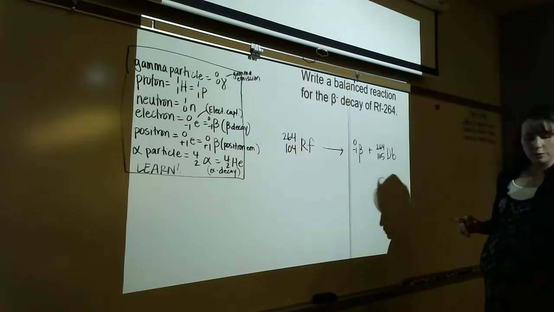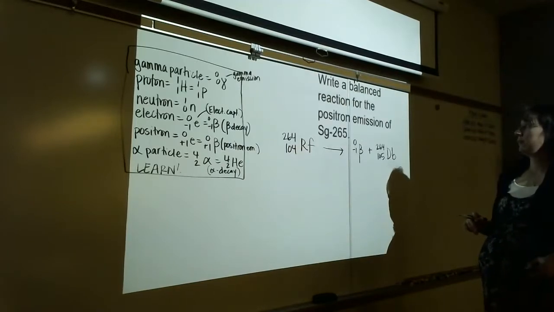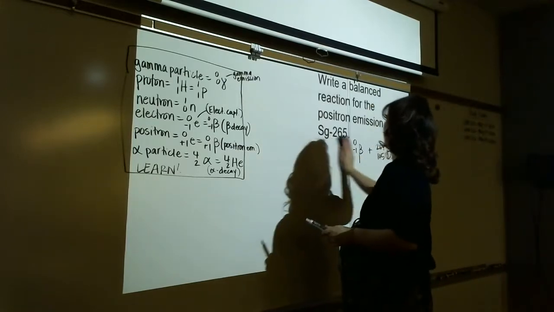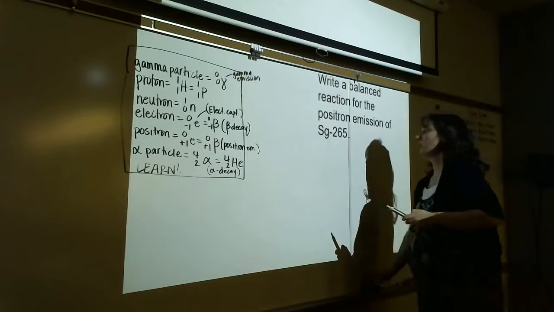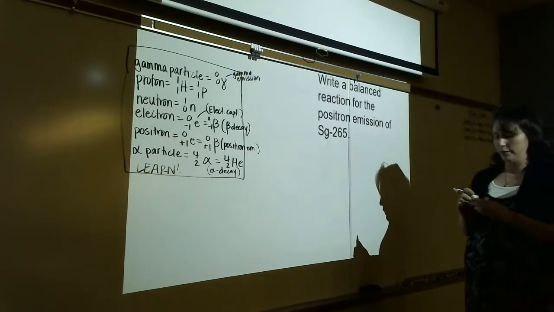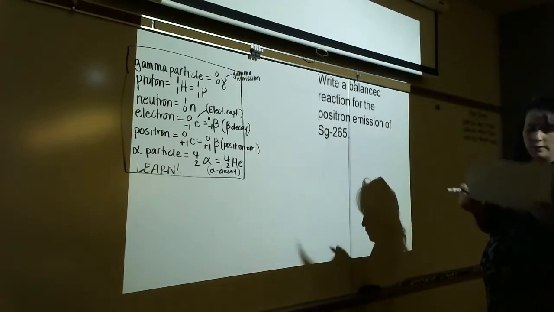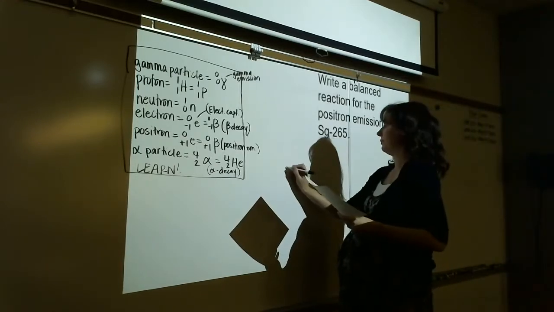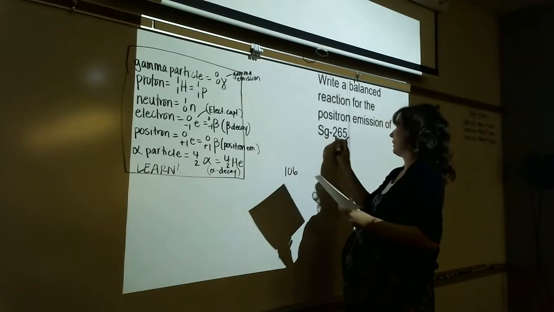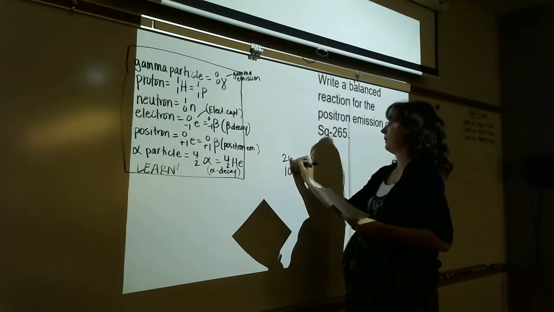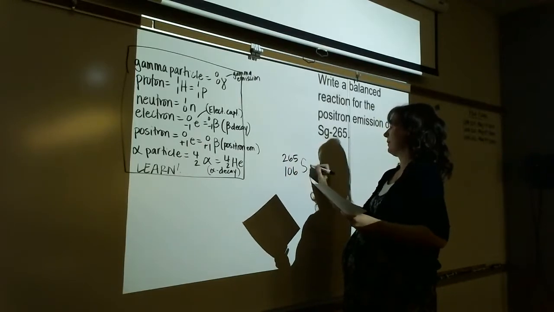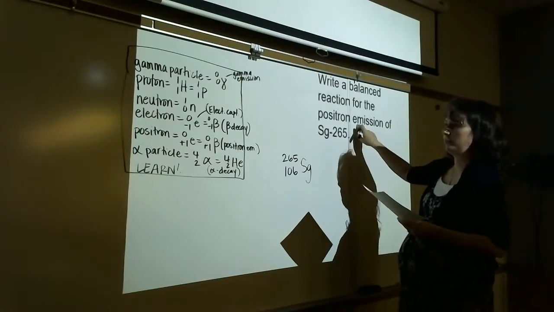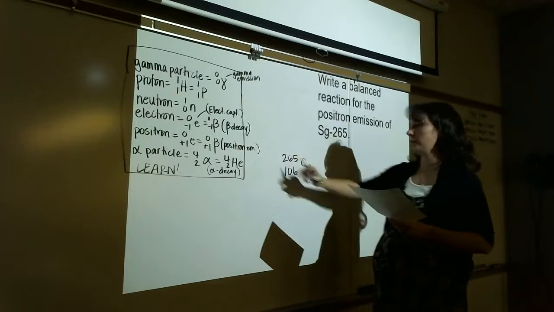And then the next one, positron emission of Seaborgium-265. So Seaborgium's element number 106, and its mass number is 265, Sg. Positron emission, positron looks like this.